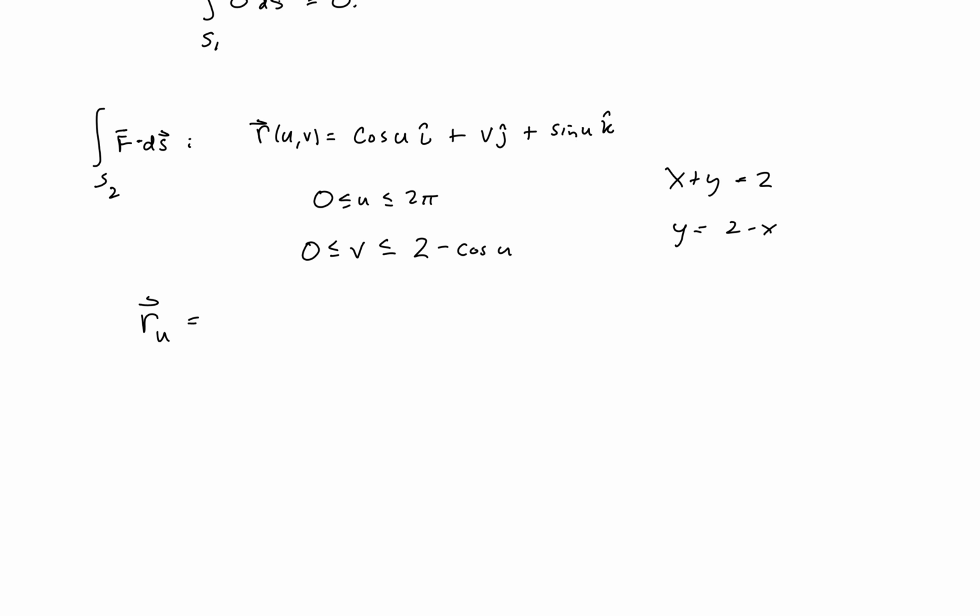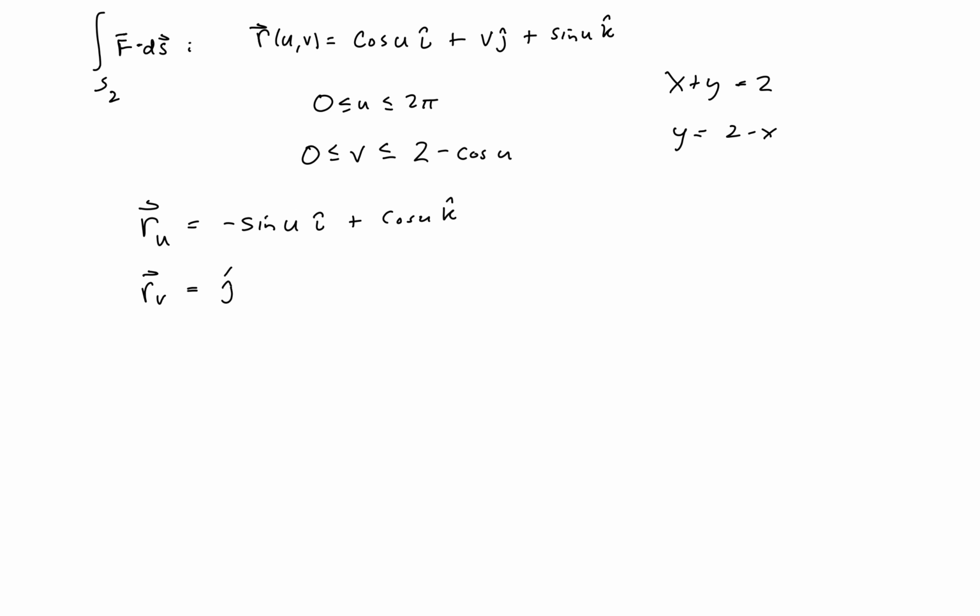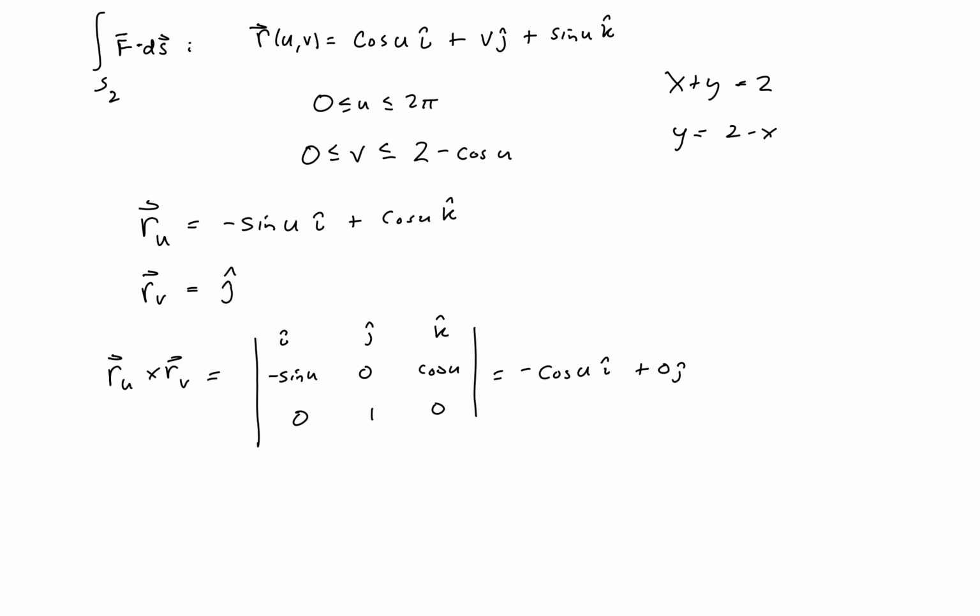So let's take r_u. This is going to be minus sine u i plus cosine u k, and r_v is just going to be j. So if we take the cross product of these, I have minus sine u, 0, cosine u, and then 0, 1, 0. If we work this out, this is minus cosine u i plus 0 j, and then minus sine u k.